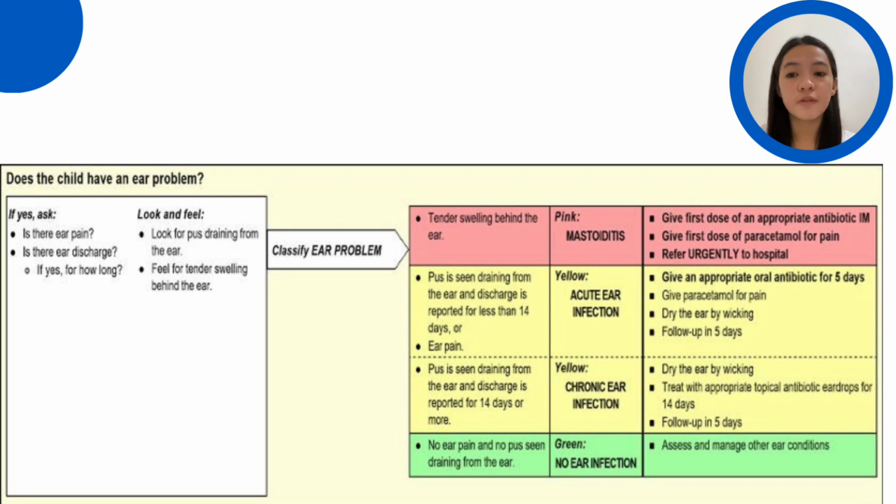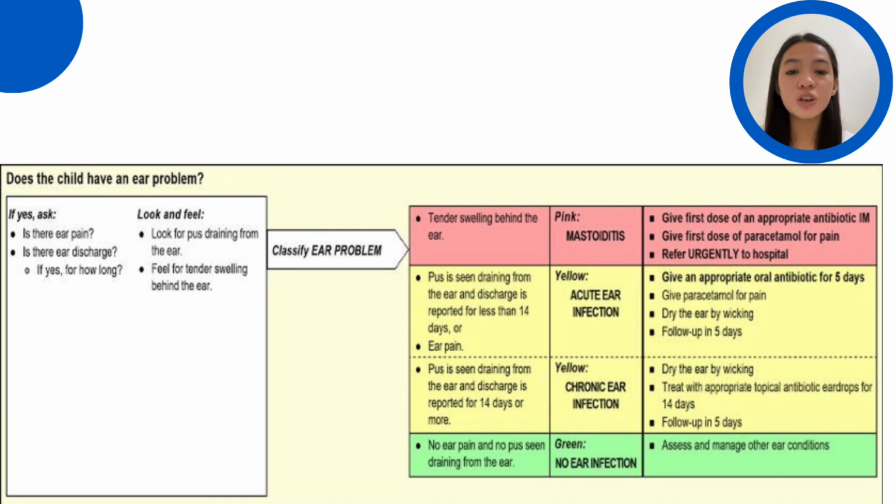And if there is pus seen draining from the ear and discharge is reported for less than 14 days, and if there is ear pain, it also classifies as yellow. The child has an acute ear infection. The treatment for this is give an appropriate oral antibiotic for 8 days, give paracetamol for pain, dry the ear by wicking, and follow up in 5 days.